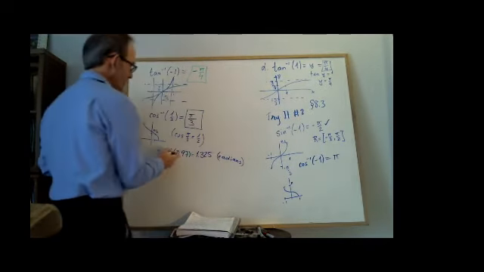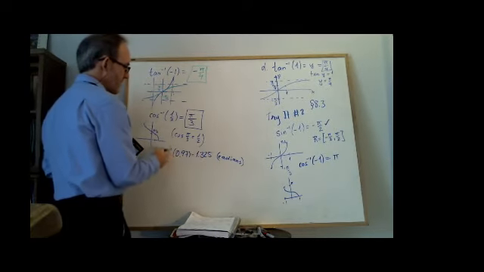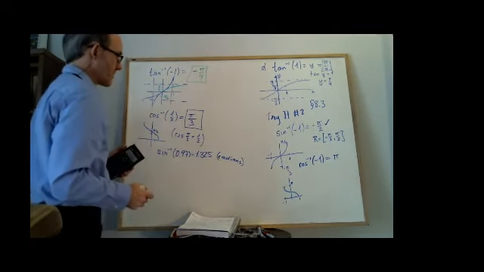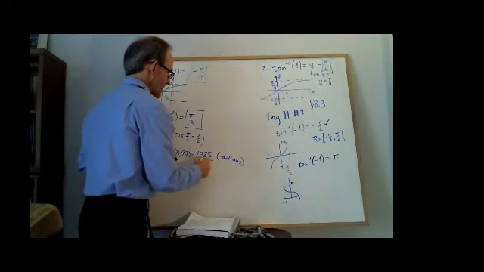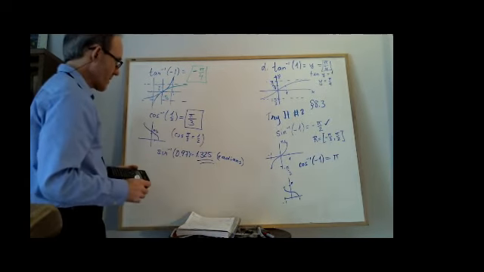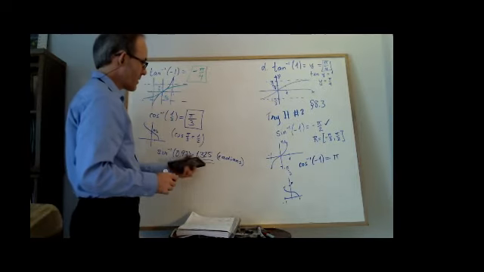Remember the input is a real number, and the output of an inverse trig function is an angle in radians. The angle could be something greater than 1.